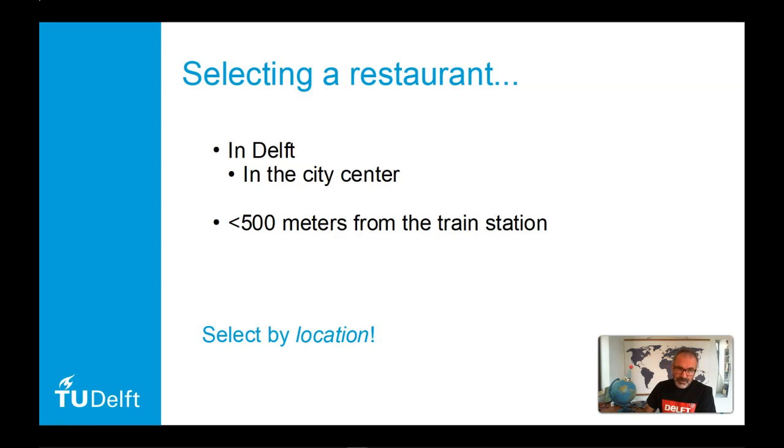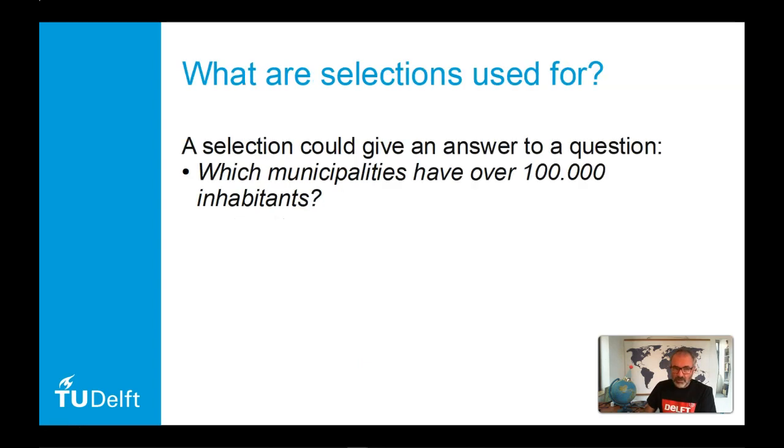Now let's go into a GIS example. So when you're wondering what the use case for a selection is, for example, it could give you an answer to the question which municipalities in the Netherlands have over 100,000 inhabitants. Or if you want to make a selection of the smaller municipalities, which municipalities have less than 20,000 inhabitants, for example.